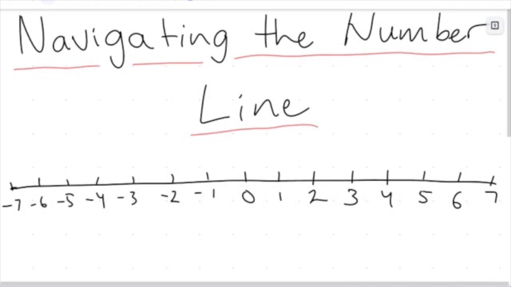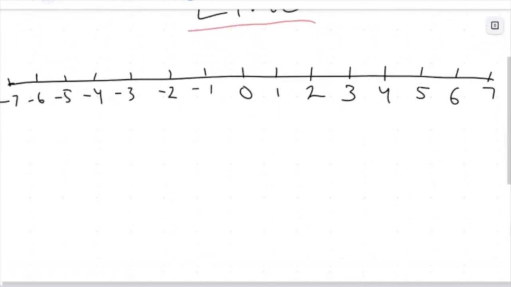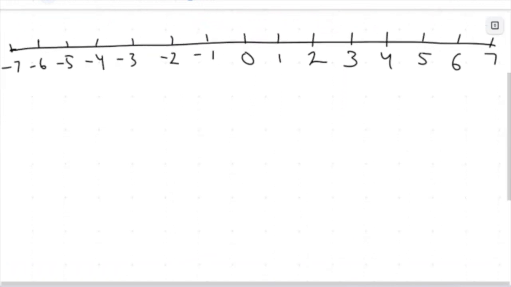Now it's important to note that all of these numbers, in essence, we think of as positive in terms of maths: +1, +2, +3, +4, +5, +6, and +7. So we just write it shorthand.